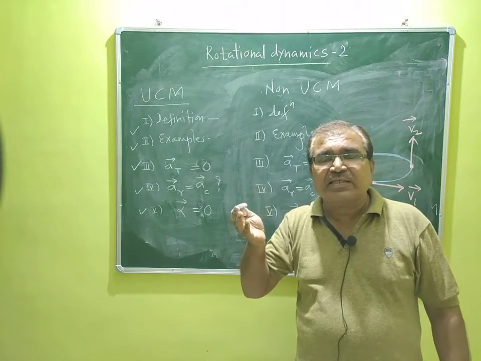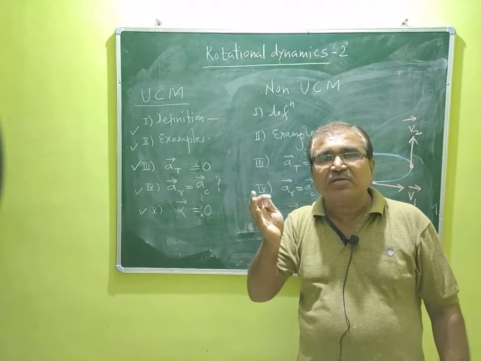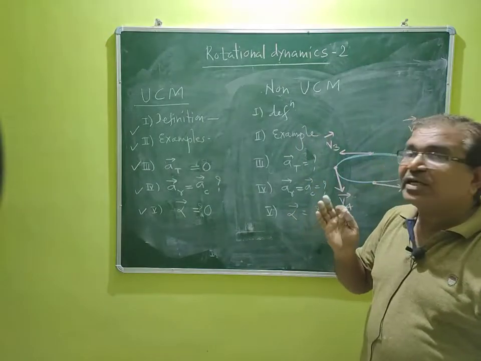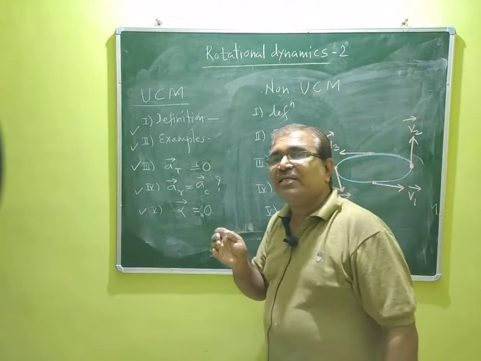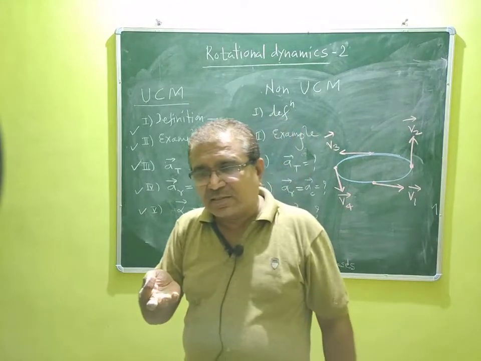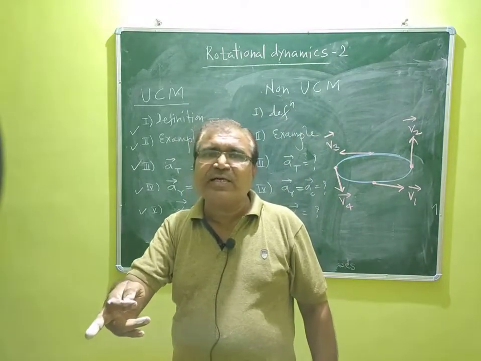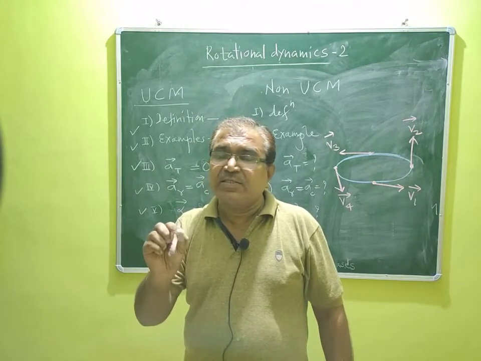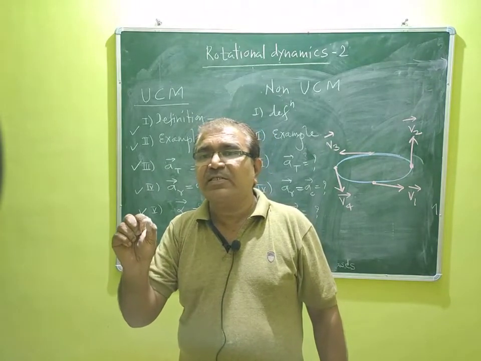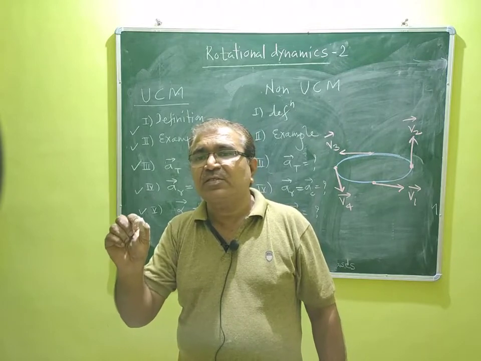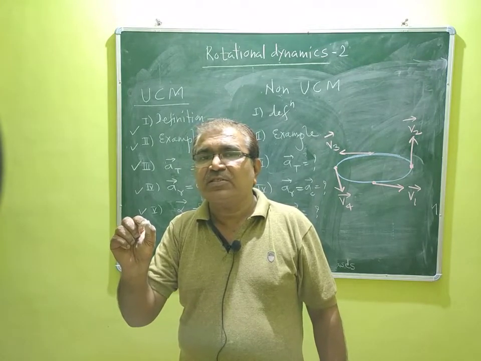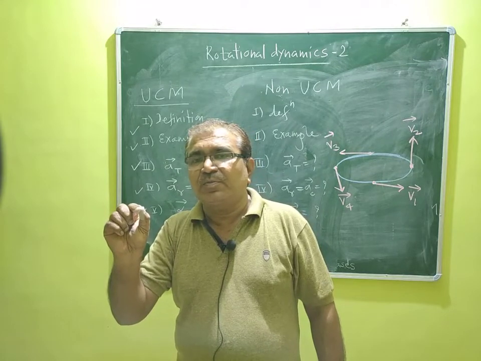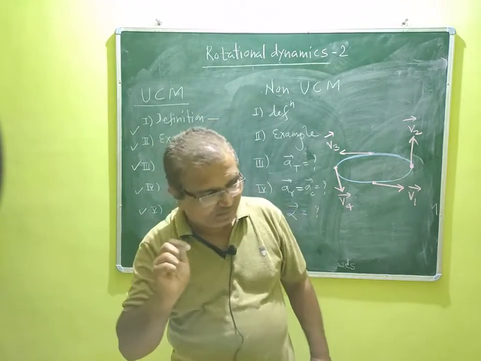Tangential acceleration depends upon what? In which condition does the tangential acceleration depend? I think you have written that already in your notebook, guys. Tangential acceleration depends upon the change in linear speed.